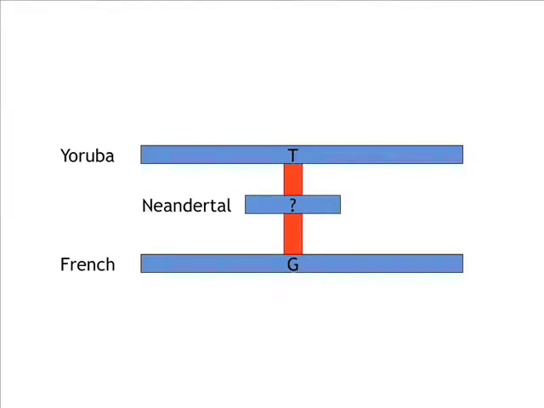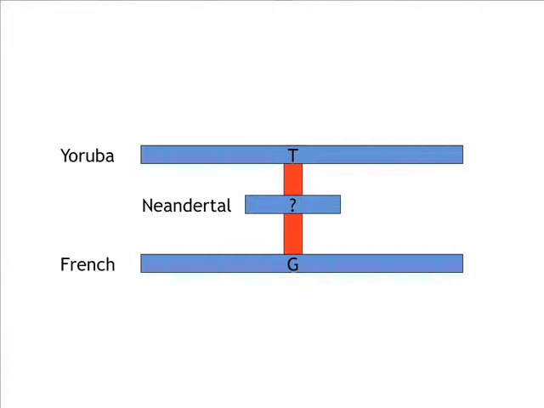I'm not going to go into this in interest of time, but go straight to a very straightforward test that we did, comparing positions in the genome where one individual that we sequenced differed from another individual that we sequenced. So for example, the French guy and the West African guy, all of the places in the genome where they differ, so maybe the French guy has a G base and the West African has a T, we ask, what does the Neanderthal have?